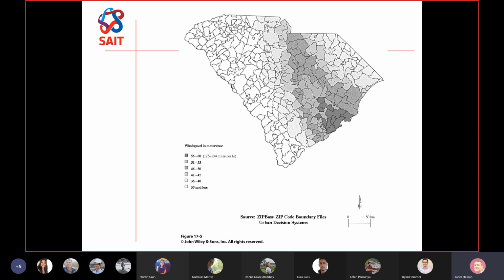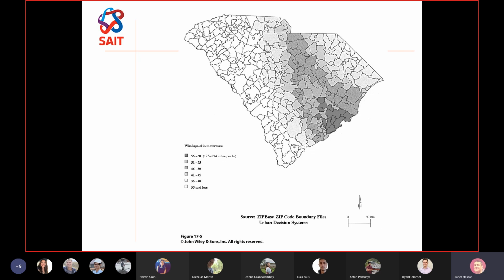Whenever the color is dark, it means the wind speed is very high. Whenever it's white, it means the wind speed is very low. Now, how can I use this map in one application? Or who will look for this map? Simply someone who is interested to know the wind speed for an application, for example, building a wind turbine.